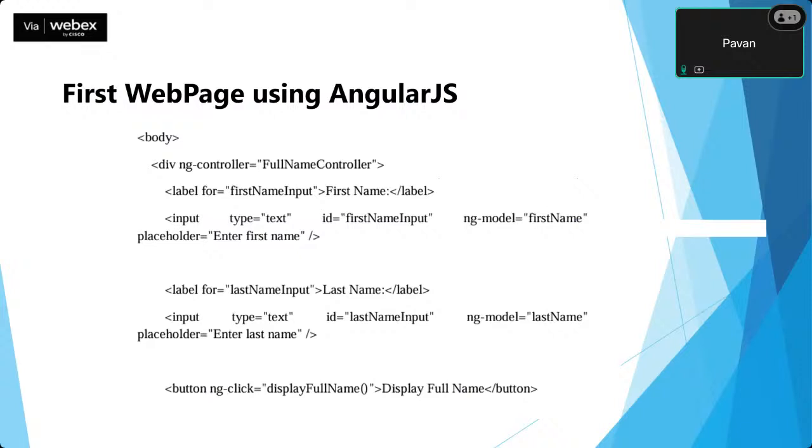So that's why we are using the button tag and ng-click. What we mean by ng-click is when we click that button, it will call the function that is display full name parenthesis. So when we click the button, it will call the function whose name is display full name. So that's why we have written ng-click equals to double quotes display full name parenthesis. This is basically the function that we are calling.